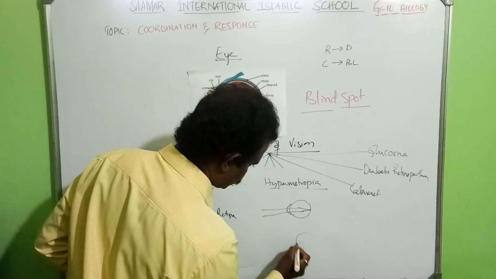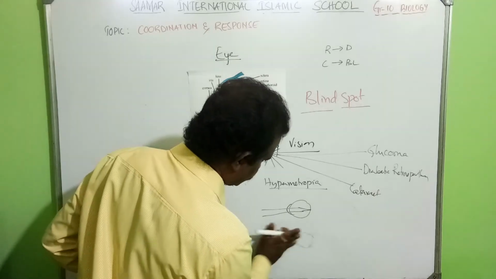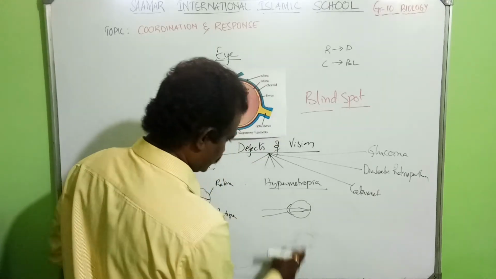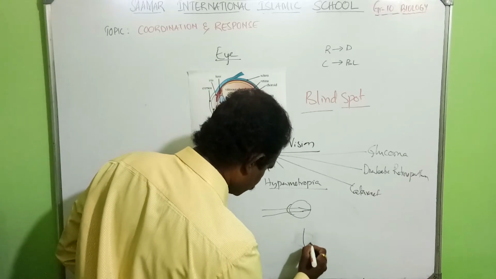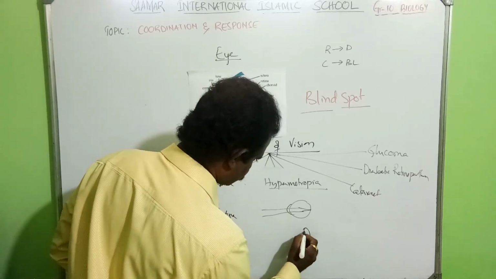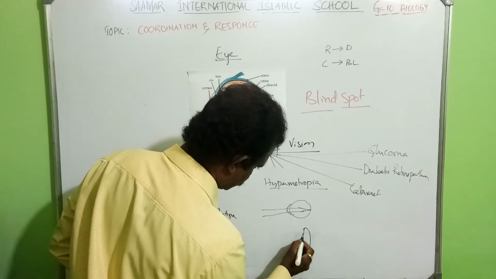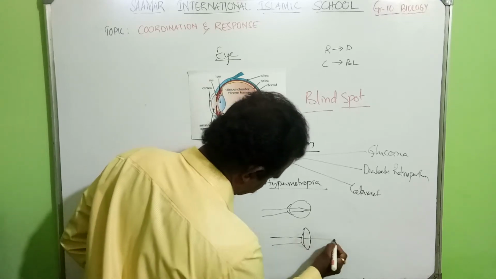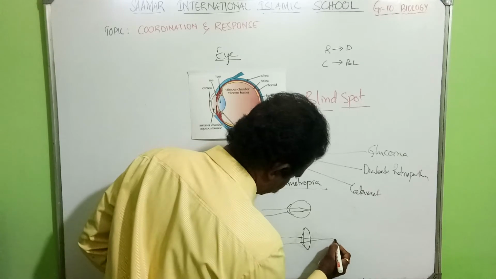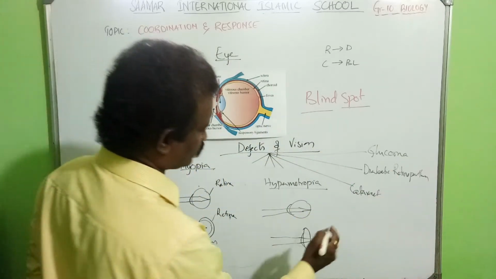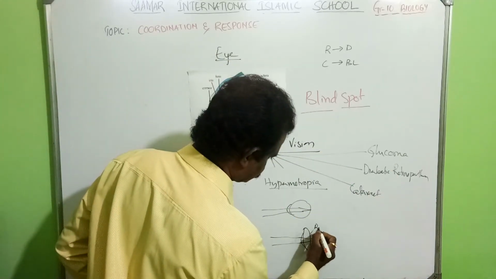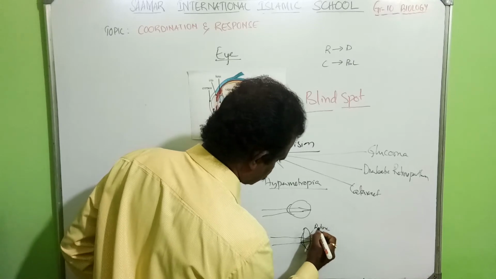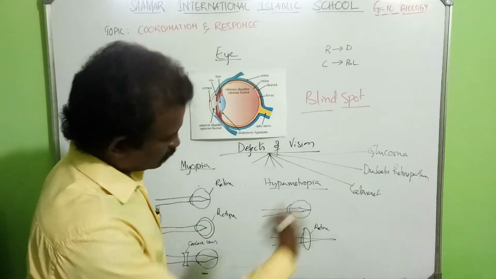Now in case of hypermetropia, your eyeball is condensed, pulled. The eyeball is pulled. This image is there in your textbook. Here the image is formed beyond the retina. Okay, the image is formed beyond the retina.